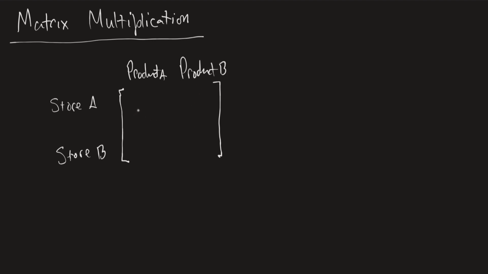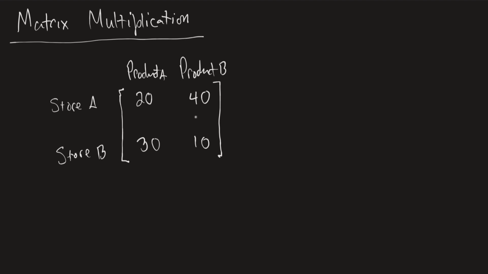So let's say store A sells 20 units of A and 40 units of B, and then store B sells 30 units of A but only 10 units of B, right?